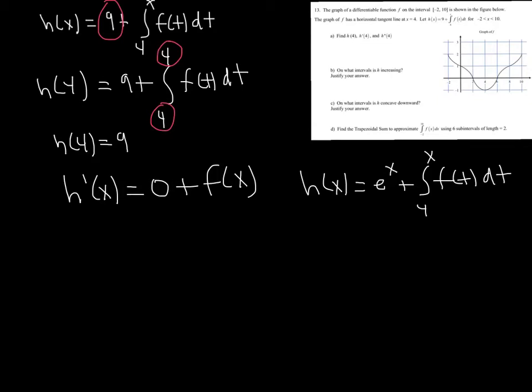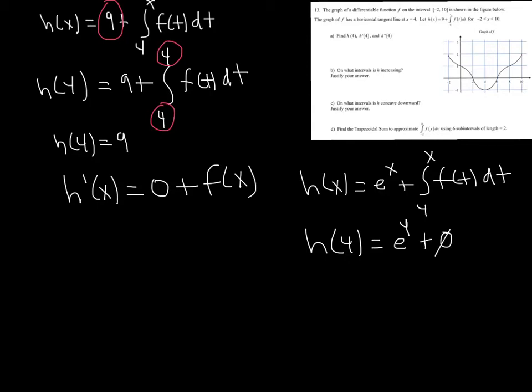Let's just go through that whole problem again. If we asked you to find h of 4, then you would actually need to plug in 4, and it'd be e to the 4th plus, and that integral would be 0.